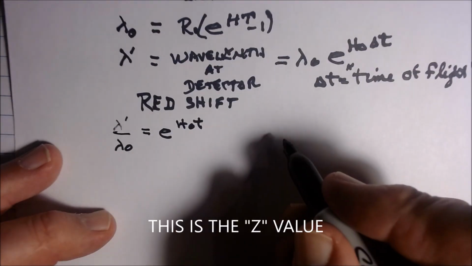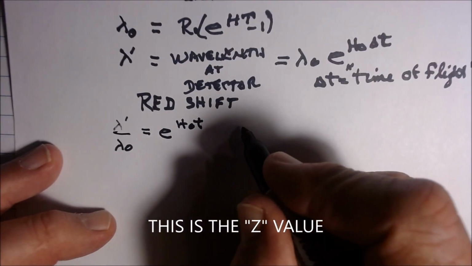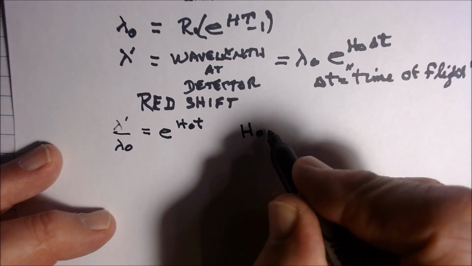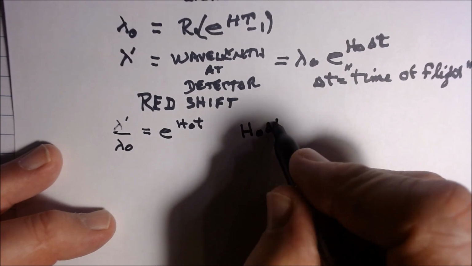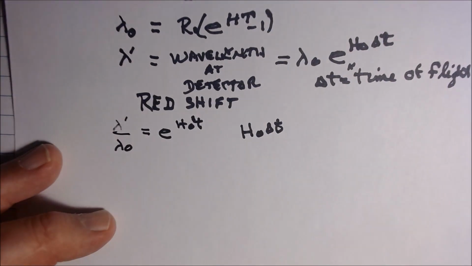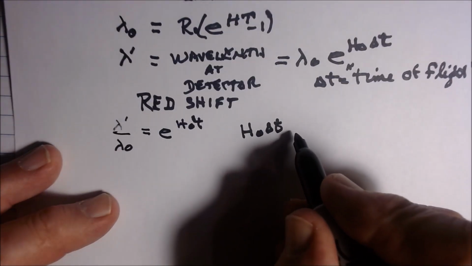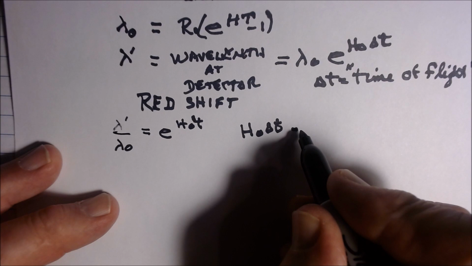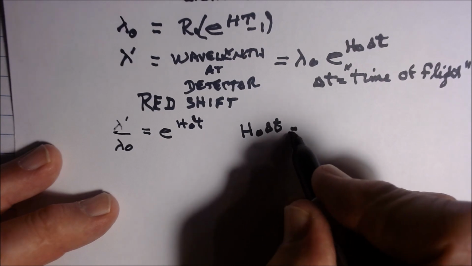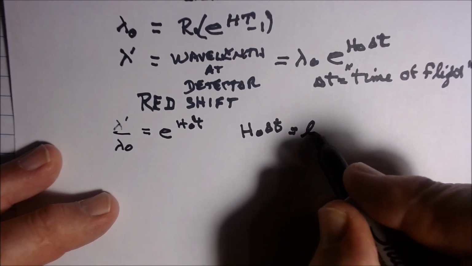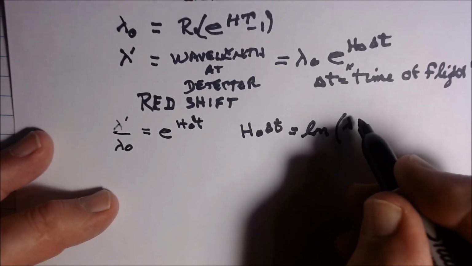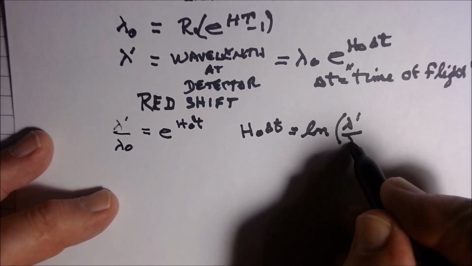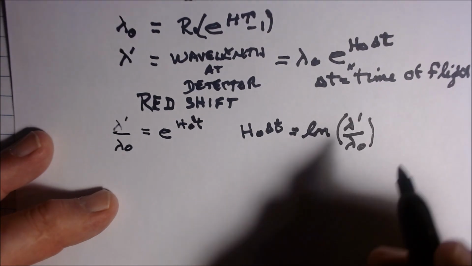Taking the log of both sides, you find that h0 times the time of flight, delta t, this should be delta t here, h0 delta t is equal to the log of lambda prime over lambda 0.